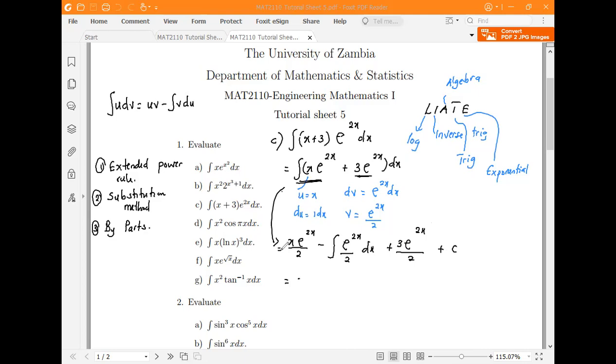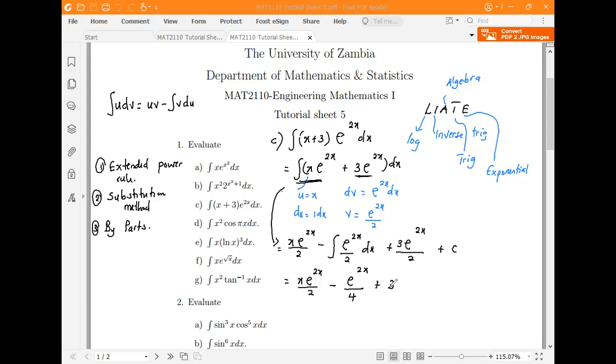So I'll have x e^2x over 2 minus e^2x over 4, because that 2 is coming down. When I differentiate 2x, I get a 2, and I multiply by the denominator.